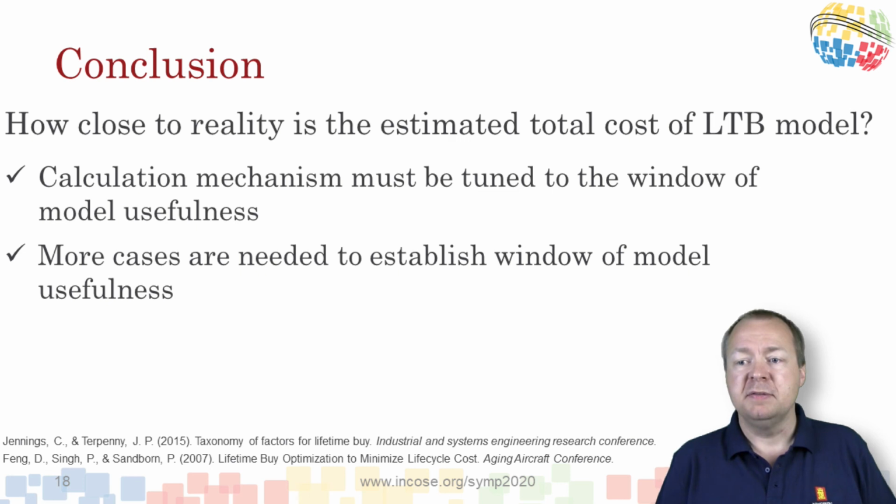Jennings uses a discount rate factor of 10% to calculate cost of capital. Jennings recommends limiting a last time buy to a consumption period of less than 5 years.